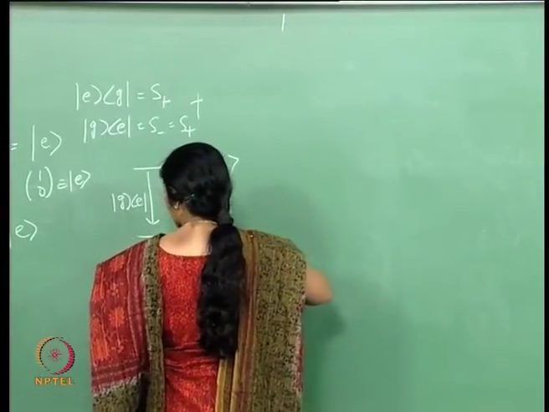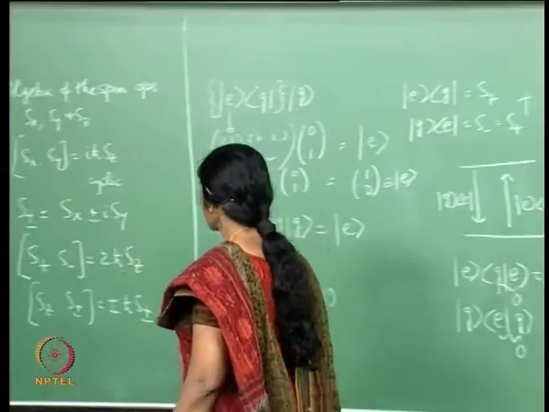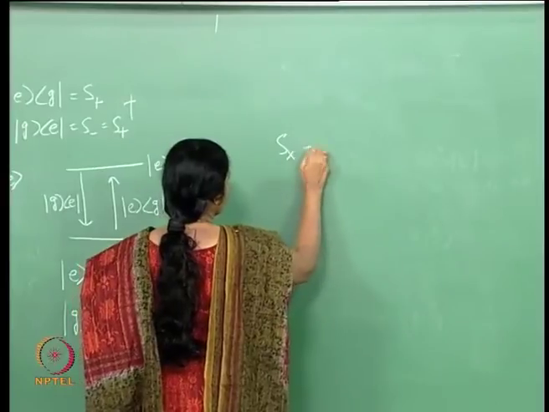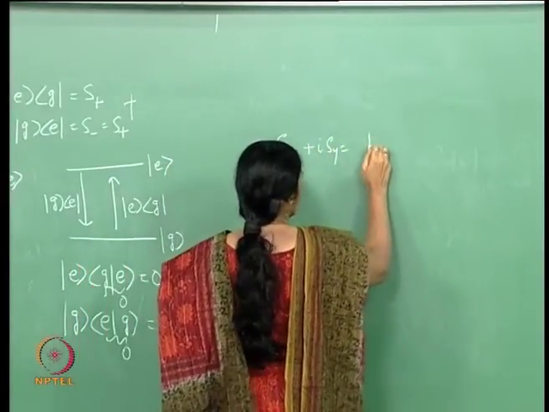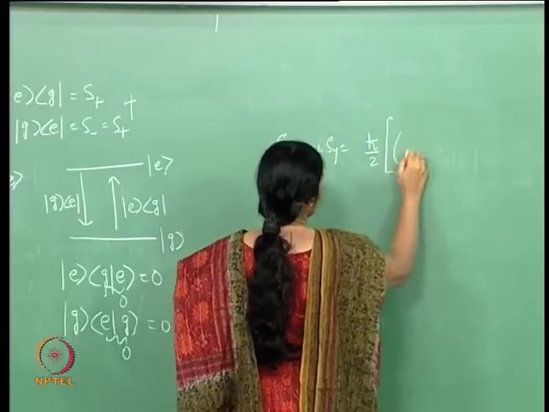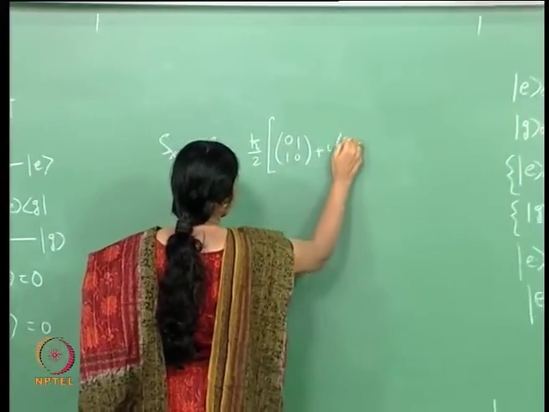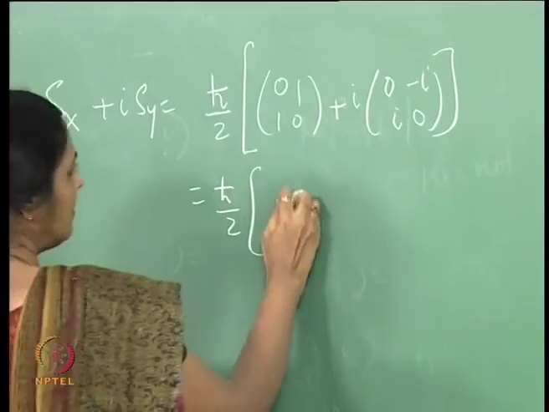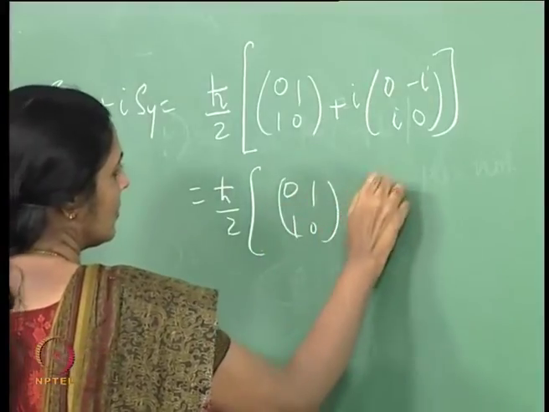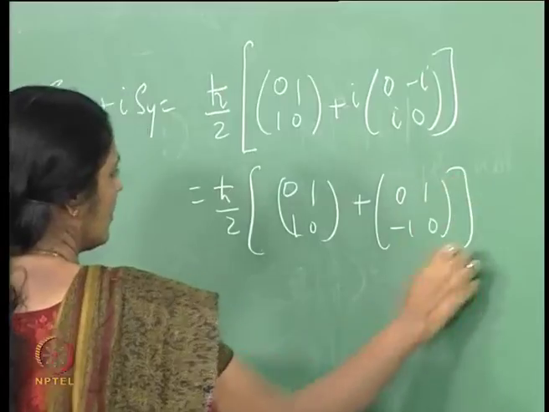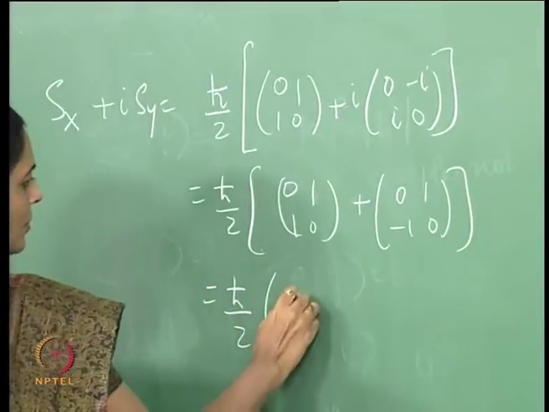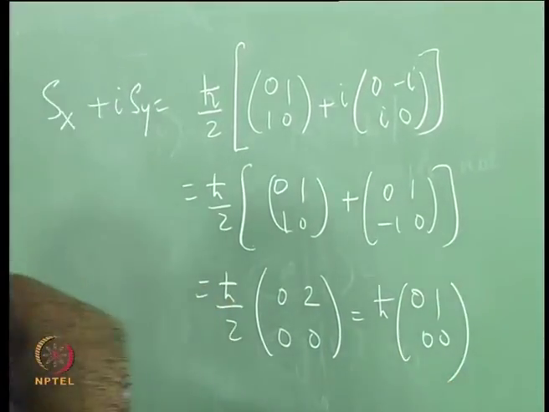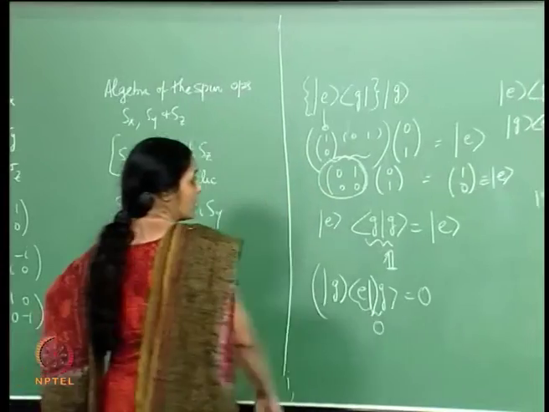Apart from a factor ħ, if you use matrix representations for S plus and S minus, you find that Sx plus i Sy, let me put in the ħ as well, and that simply gives me what I have here apart from the ħ.